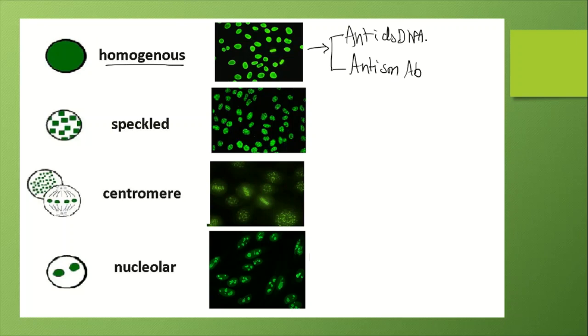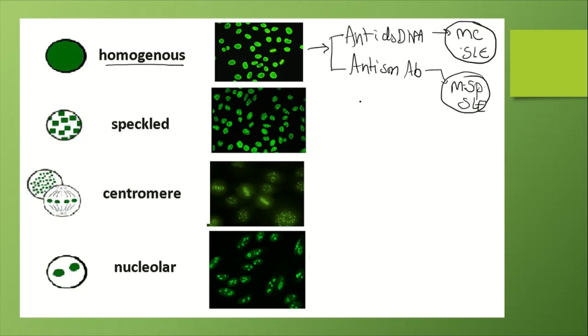Anti-double stranded DNA antibody, remember, is the most common antibody in SLE. First MCQ: the most common antibody in SLE is anti-double stranded DNA antibody, but anti-Smith antibody is the most specific antibody of SLE. We already have discussed what is the most sensitive, that is anti-nuclear. Most specific is anti-Smith antibody.